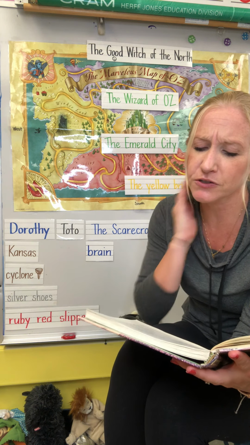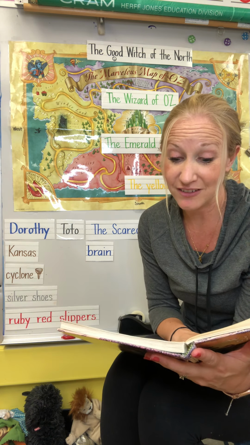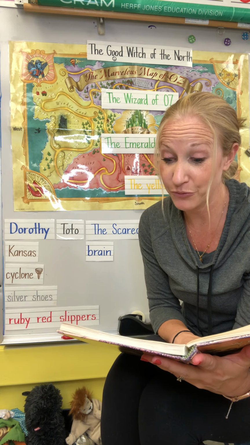Dorothy at once ran back to the cottage and found the oil can, and then she returned and asked anxiously, "Well, where are your joints?" "Oil my neck first, please," replied the Tin Woodman. So she oiled it, and it was quite badly rusted.